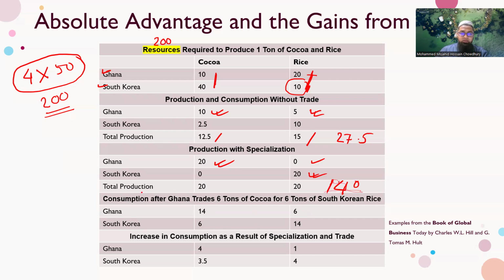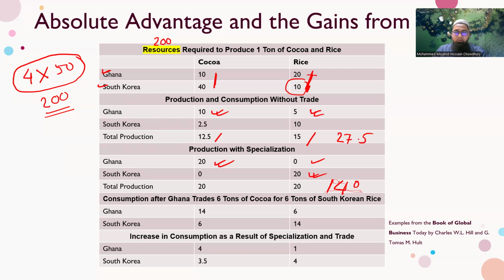So now we can say there are increases in consumption as a result of trade. Ghana increases 4 ton of cocoa, South Korea increases 3.5 ton. Then Ghana increases 1 ton of their rice consumption, and South Korea increases 4 ton of their rice consumption. So this is the absolute advantage.